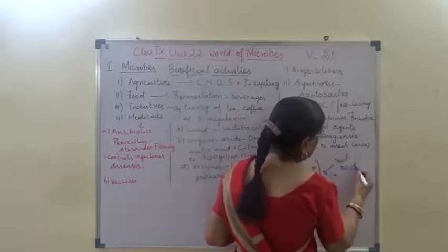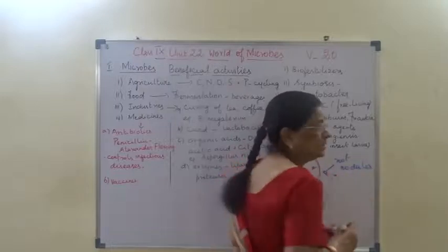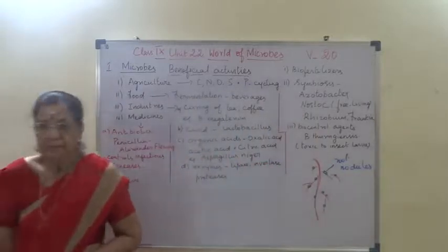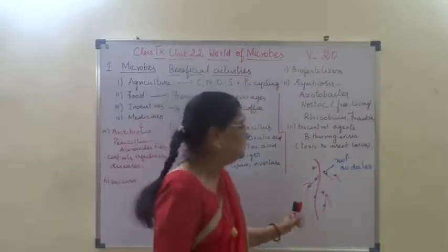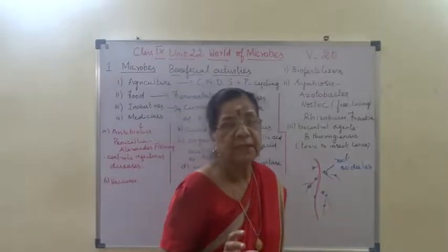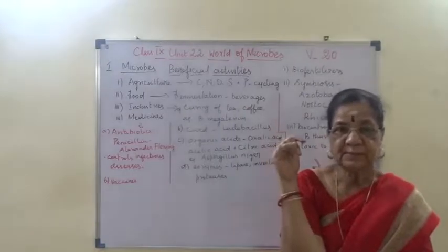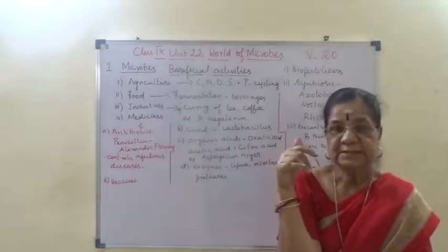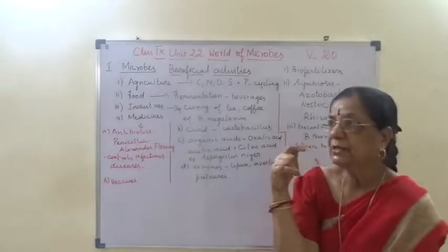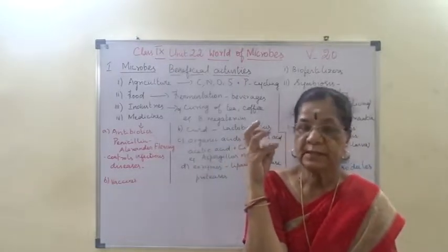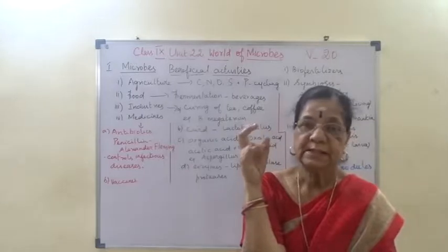These root nodules help the leguminous plant to fix nitrogen. Normally, green plants cannot take nitrogen directly from the atmosphere. Plants take nitrogen in the form of ammonia, nitrites and nitrates.